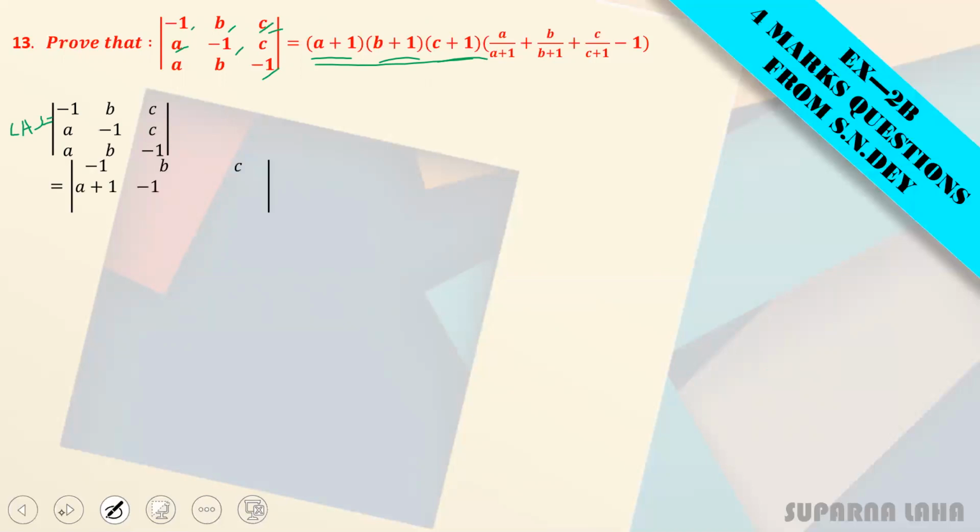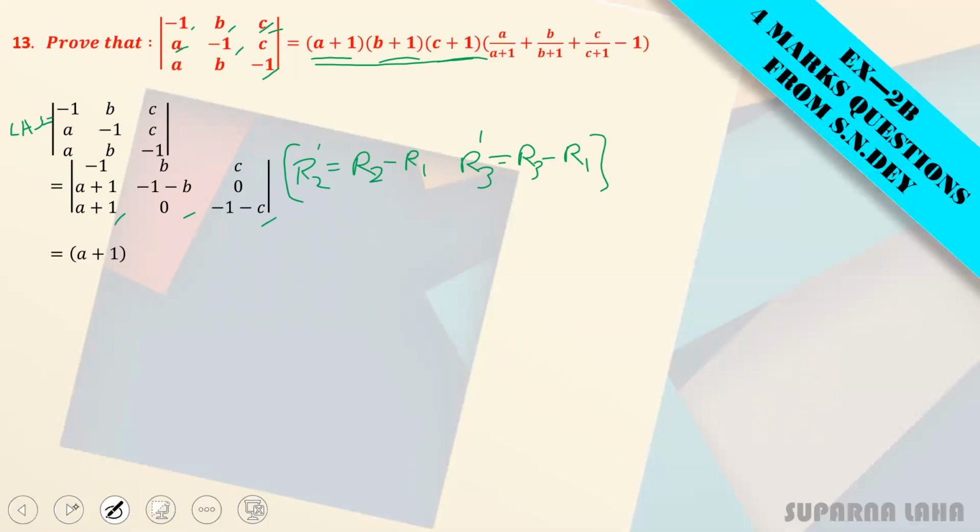And now just apply this operation, that is R2 dash is given by R2 minus R1 and R3 dash is given by R3 minus R1. Clear? Now take common this a plus 1 from the first column, b plus 1 from the second column, and c plus 1 from the third column. So what you will get? A plus 1, b plus 1 and c plus 1.